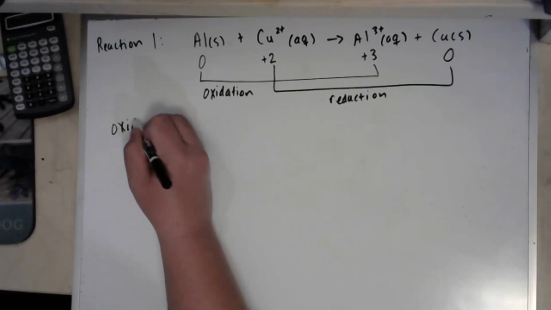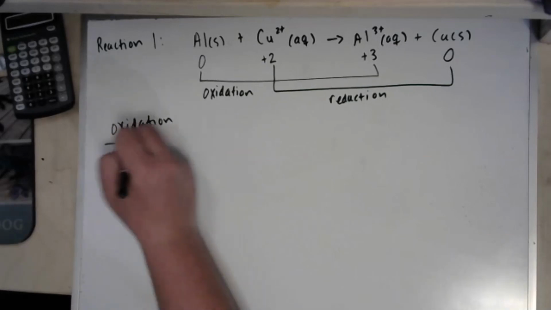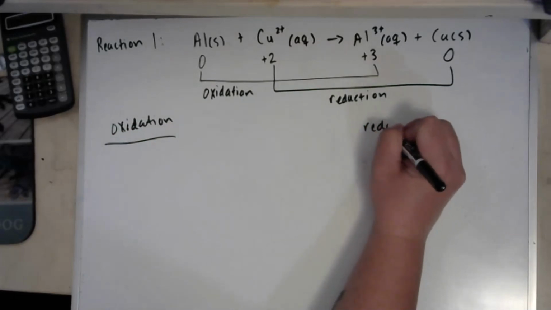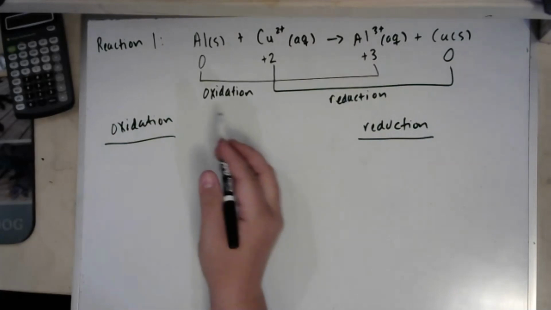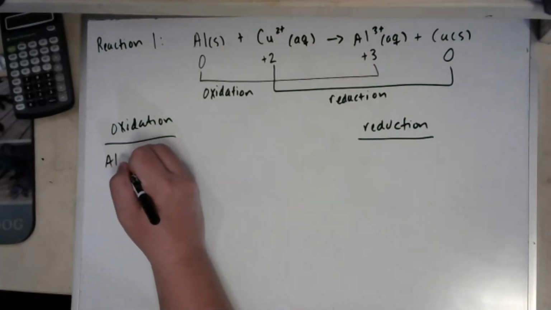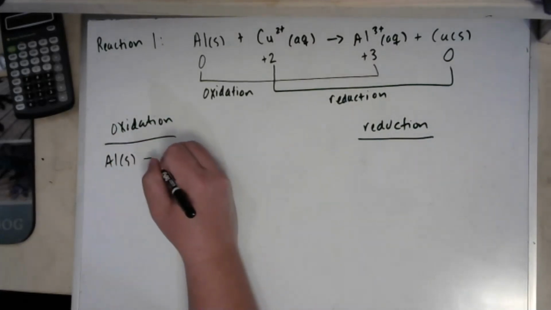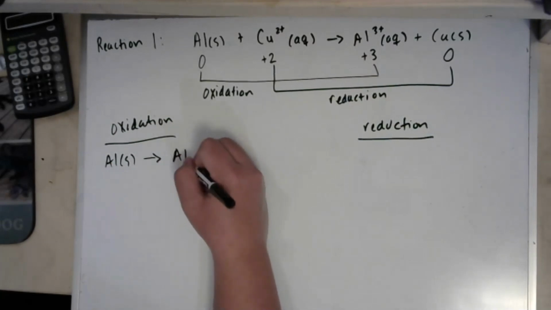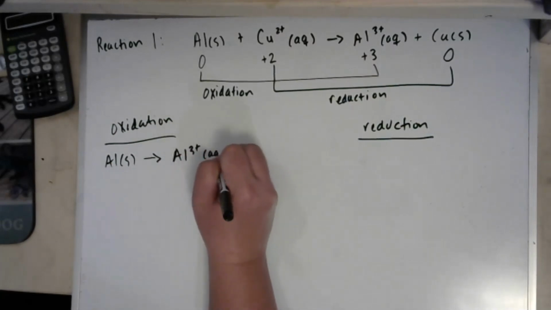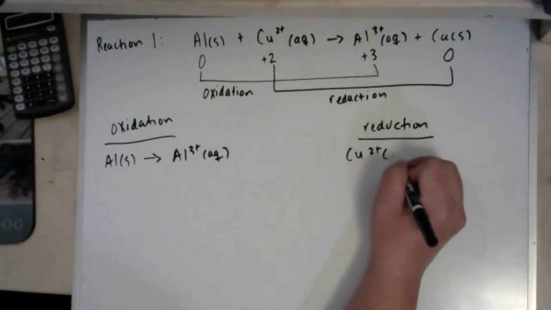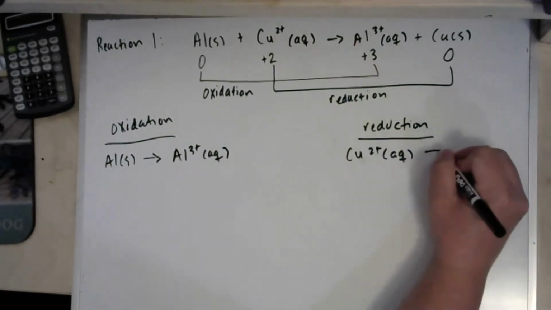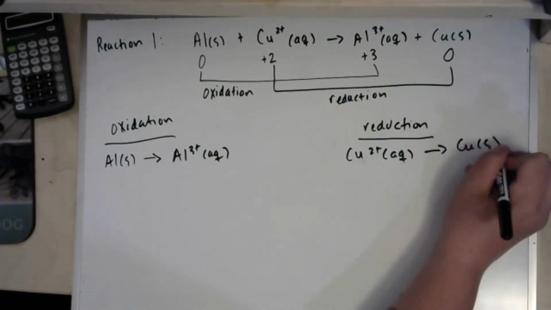So our oxidation half reaction is going to be Al solid leads to Al3+ aqueous. And our reduction is going to be Cu2+ aqueous leads to Cu solid.